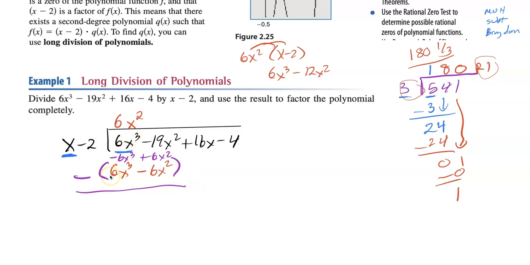These cancel out. Negative 19x squared plus 12x squared is negative 7x squared. To me, it's a lot easier than trying to subtract. I just put a minus sign, put parentheses, distribute, and then add down. So I get this. What's next? Bring down the next term.